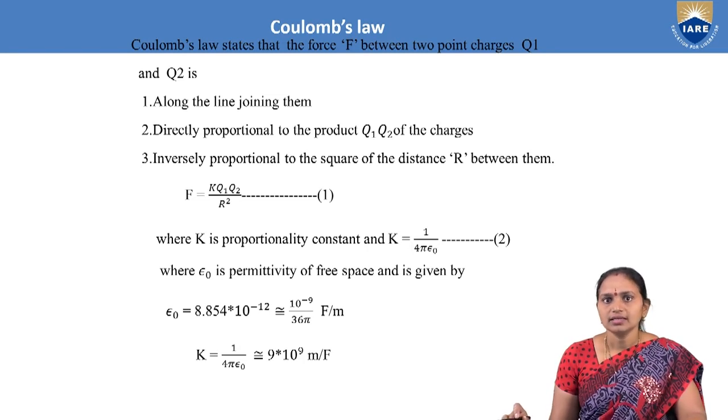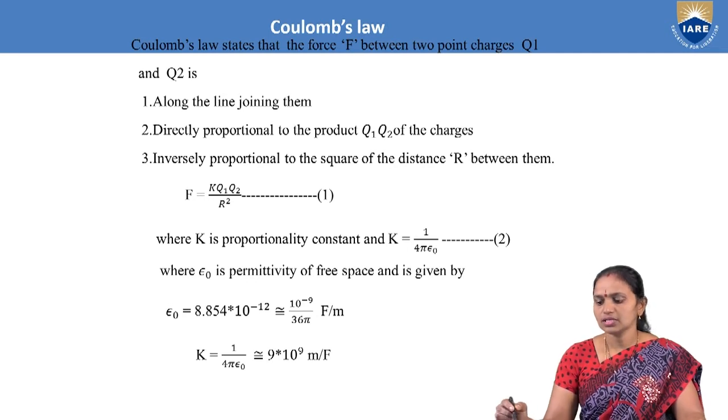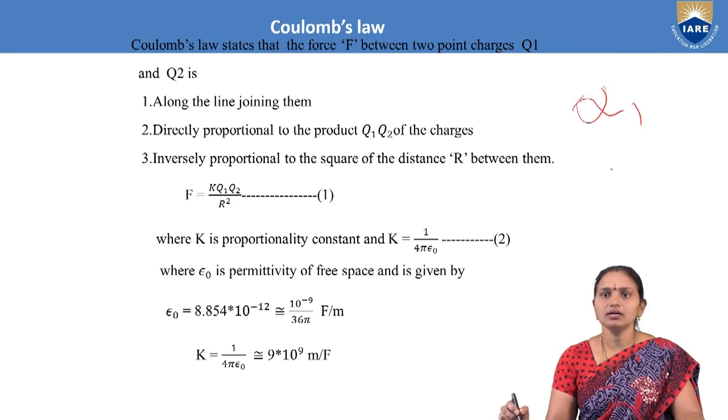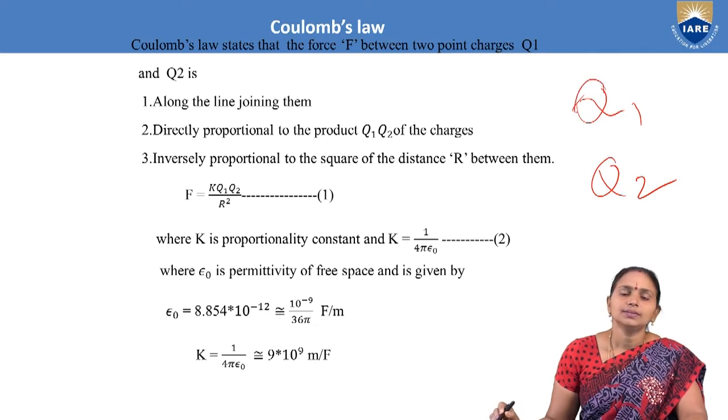Here we are trying to calculate the force with the help of Coulomb's law, and Coulomb's law states that the force of attraction between two point charges. Here we are assuming that there are two point charges and they can be represented with the symbols Q1 and Q2. Q1 and Q2 are representations of charges here.